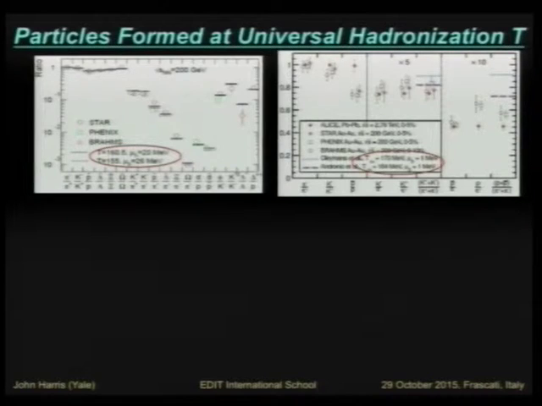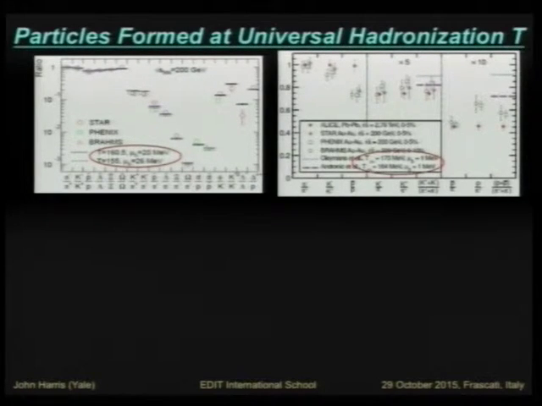And there are various thermal models, but in any case, to be able to fit this distribution of the ratios of the different types of particles, one needs temperatures of around 160 to 170 MeV and very low baryochemical potential.